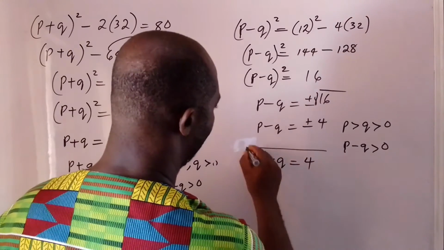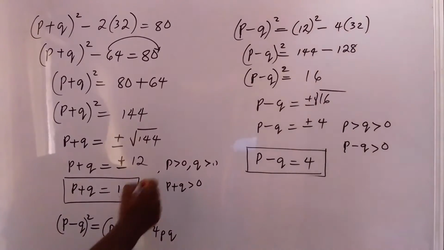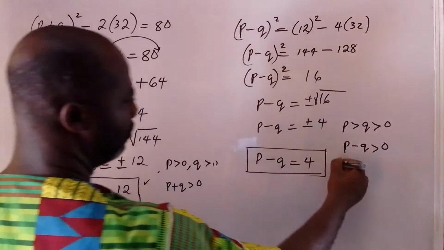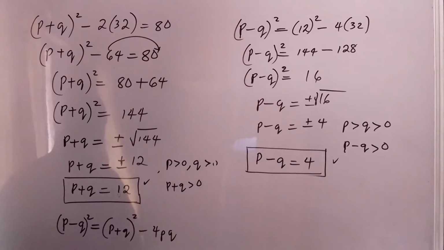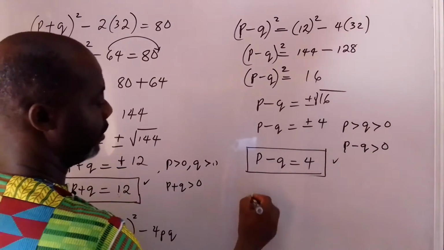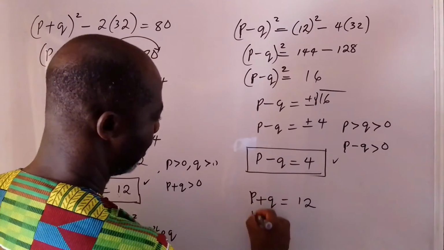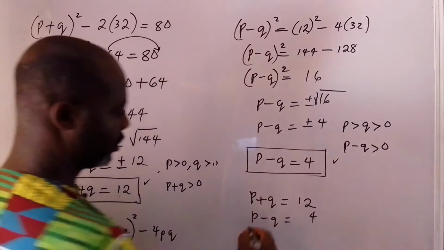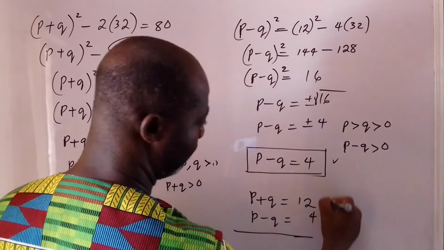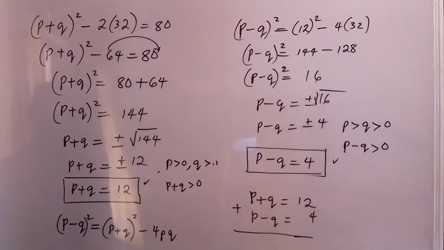So now we have established p plus q, which is this, and p minus q, which is that. So now let's combine the two equations. If we combine p plus q equal to 12 and p minus q equal to 4, what's that going to give us? By the time we add up and solve simultaneously, first we add up.